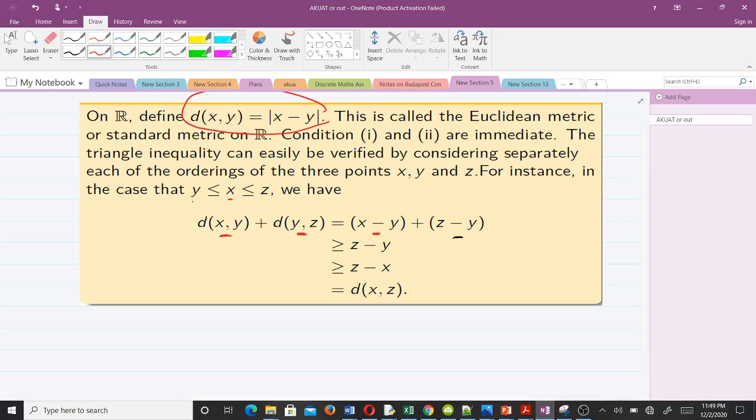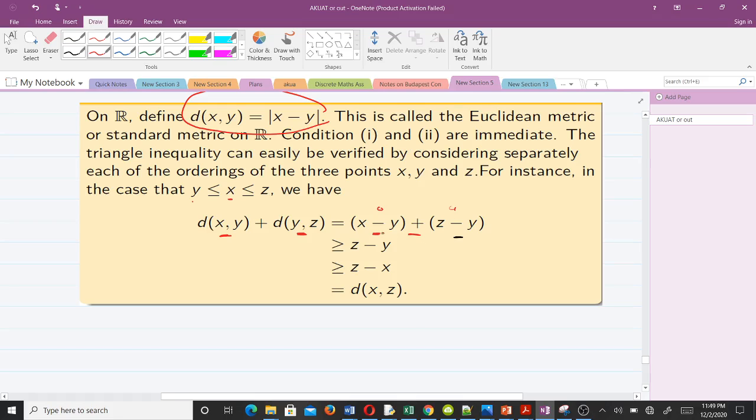Okay, so this is what we had here, right, is greater than or equal to z minus y, because you can see that here we are going to get a positive number, and you're also going to get a positive number here.